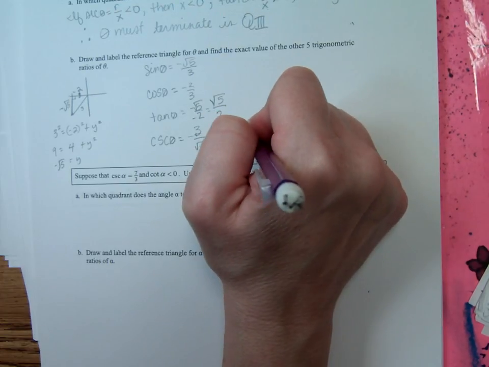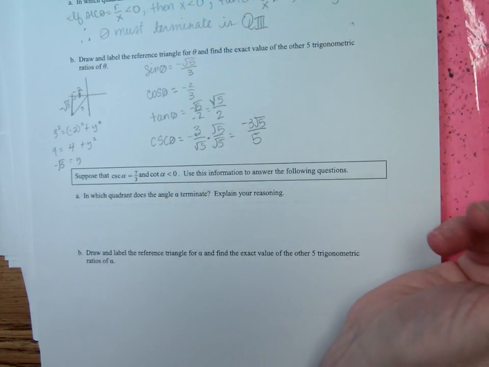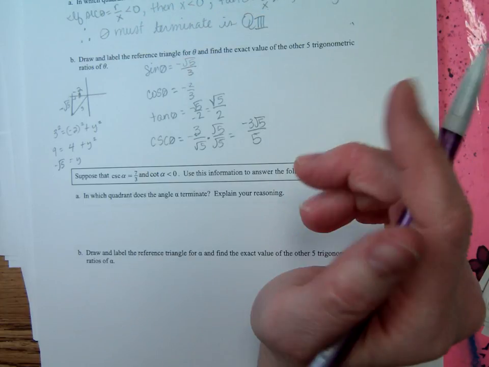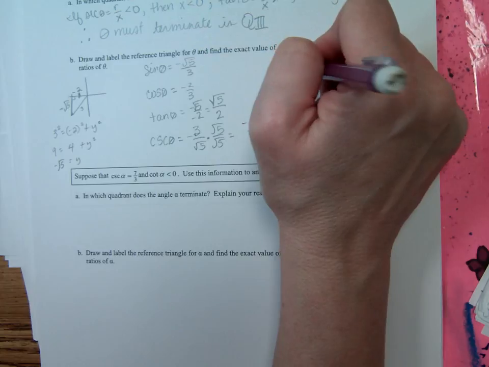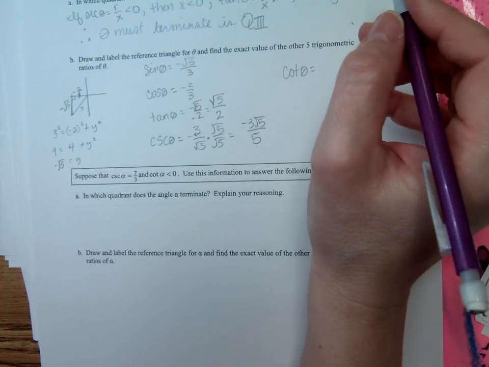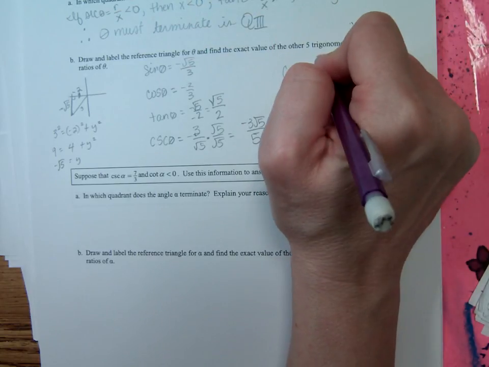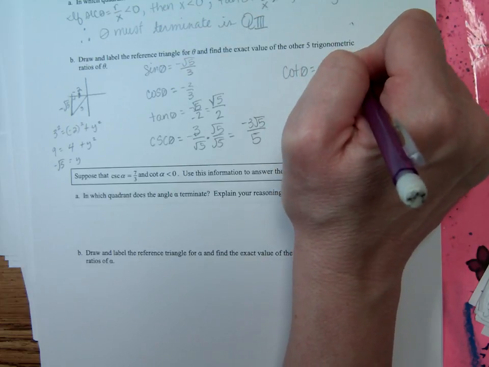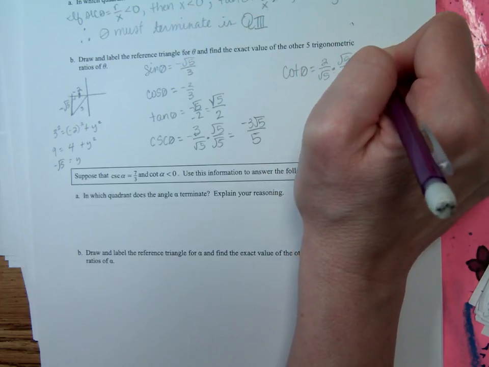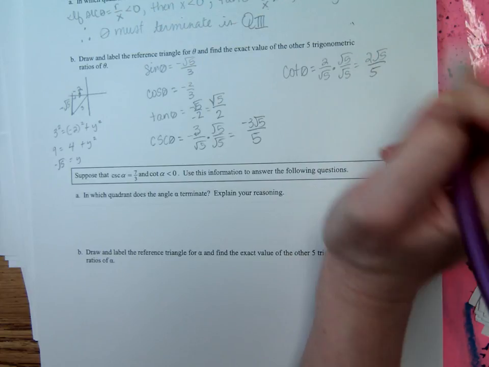Should be negative 3 times the square root of 5 over 5. Yep. And then last would be cotangent. Then rationalize it. 2 times the square root of 5 over 5. Perfect.